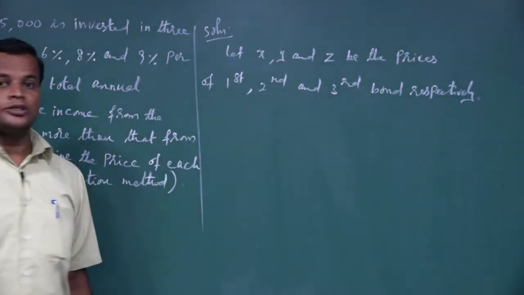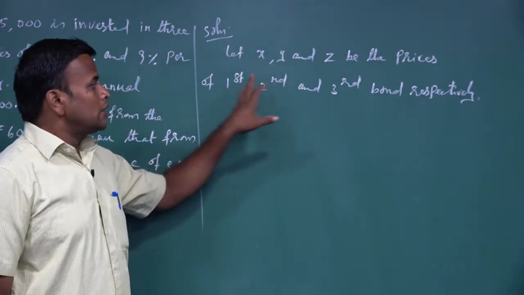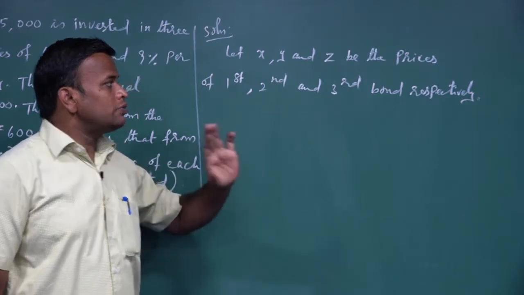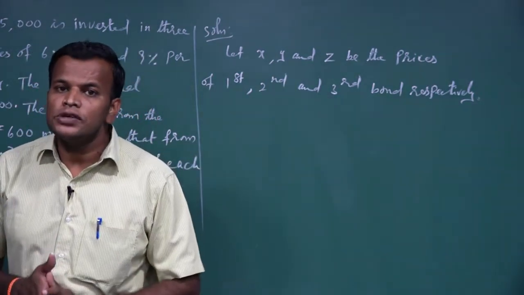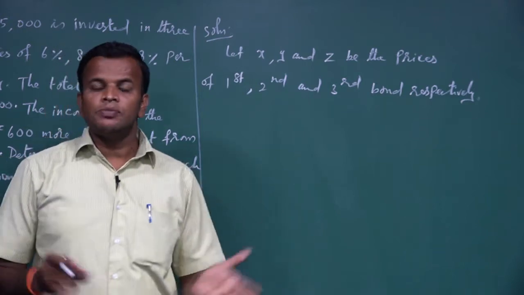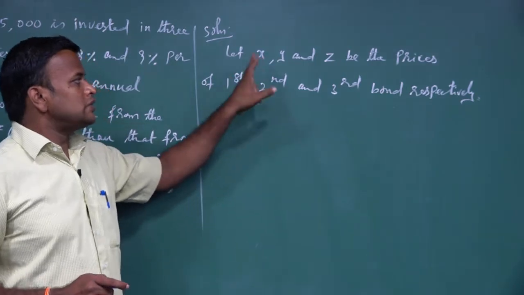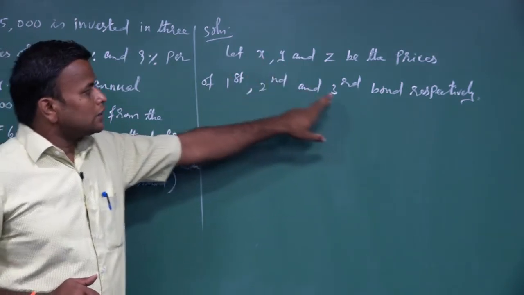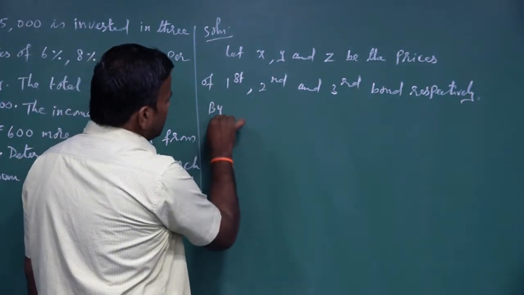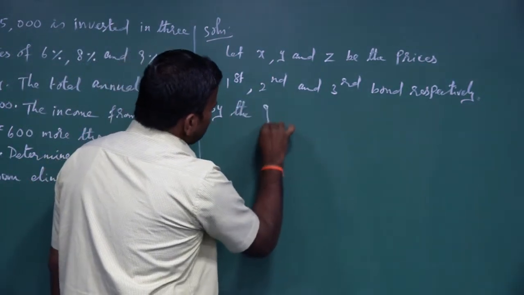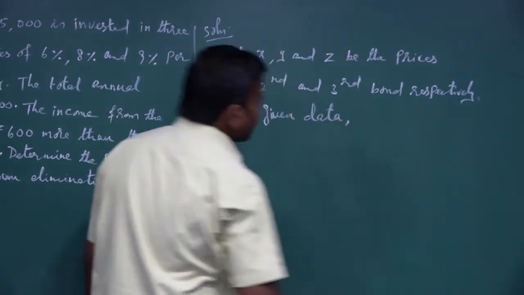We will take the price of the first bond as X, the price of the second bond as Y, and the price of the third bond as Z. The value of X plus Y plus Z is always 65,000 because the total amount is 65,000. Next, by the given data, we frame equations.